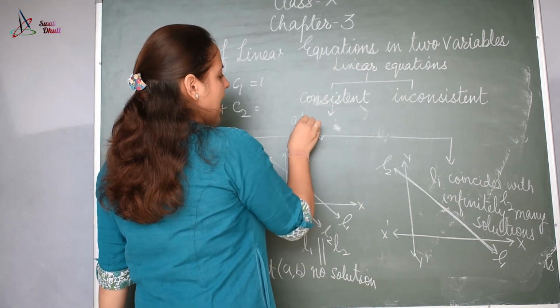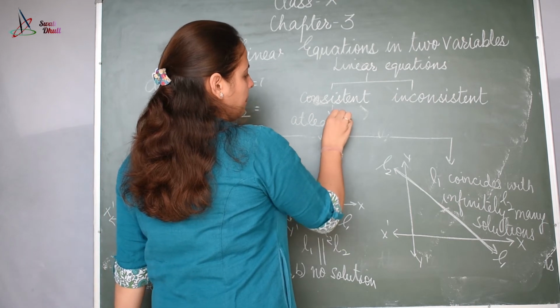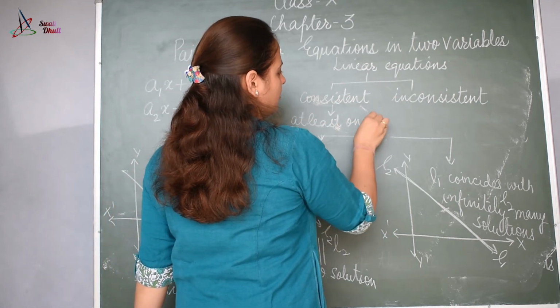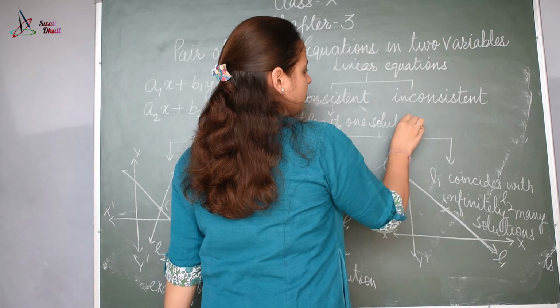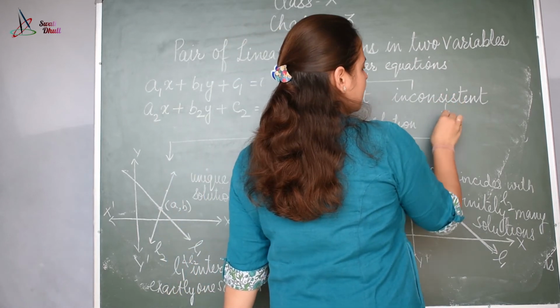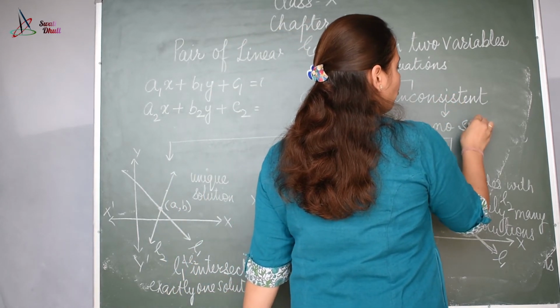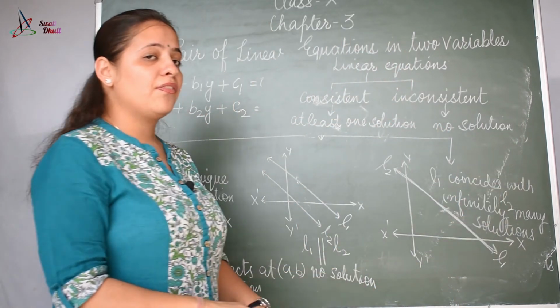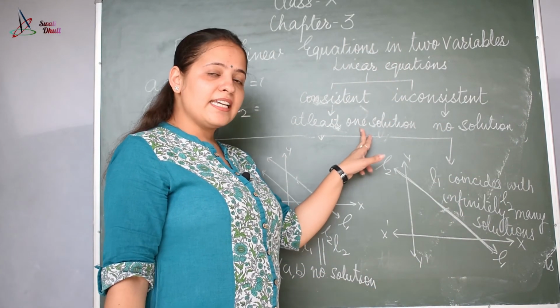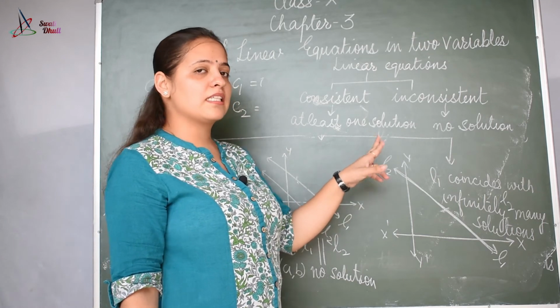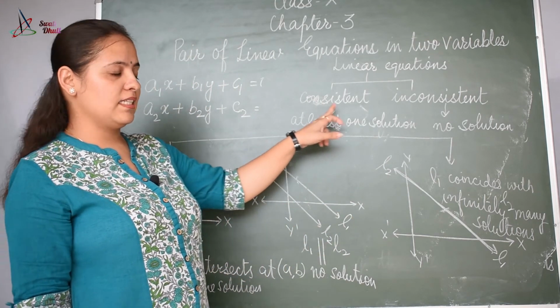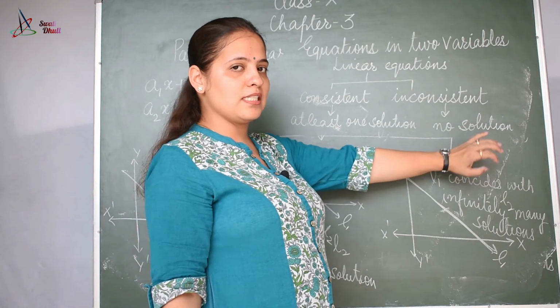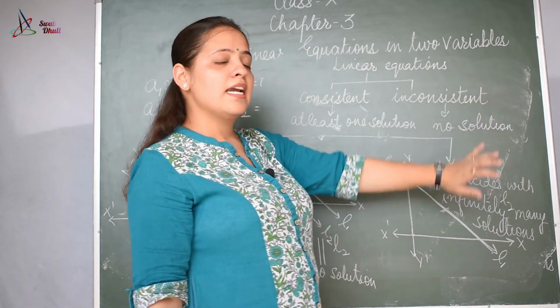Consistent means at least one solution, and inconsistent means no solution. When you have at least one solution, the system of linear equations is consistent. If you have no solutions, then the system is inconsistent.